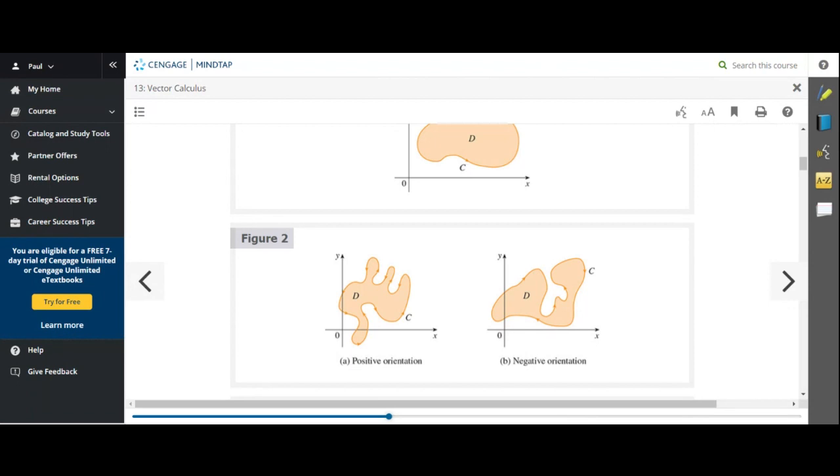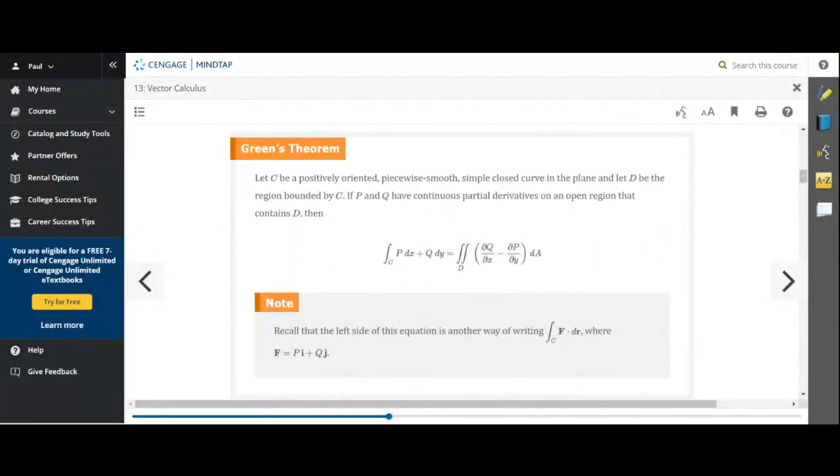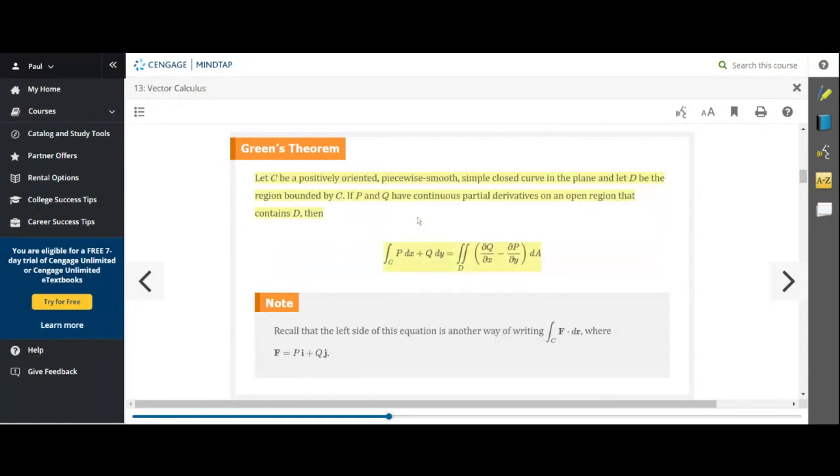So what Green's theorem says is the following. Let C be a positively oriented, piecewise smooth, simple closed curve. Now that's a lot of terminology.